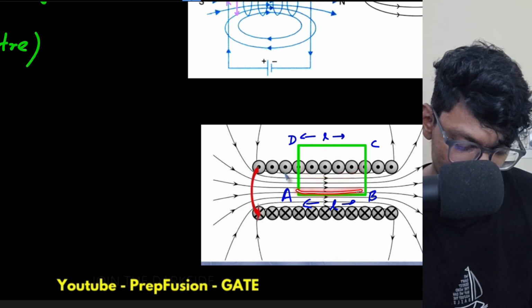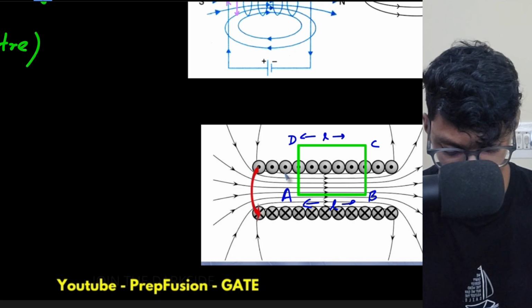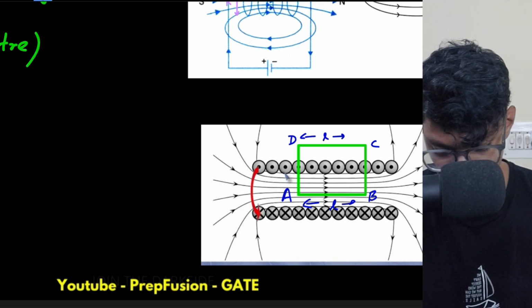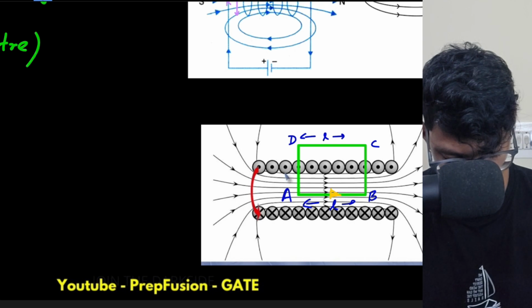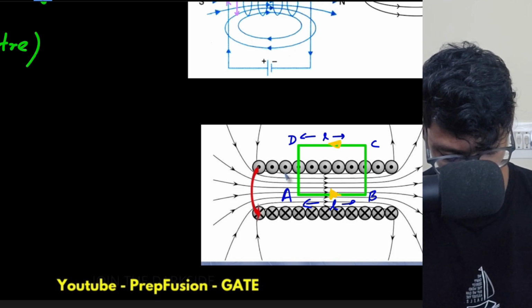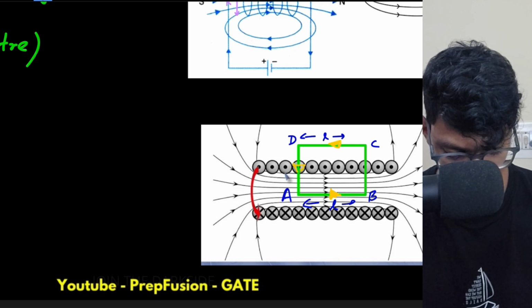So the magnetic field is in this direction, so I will assume the Amperian loop to be in the same orientation.